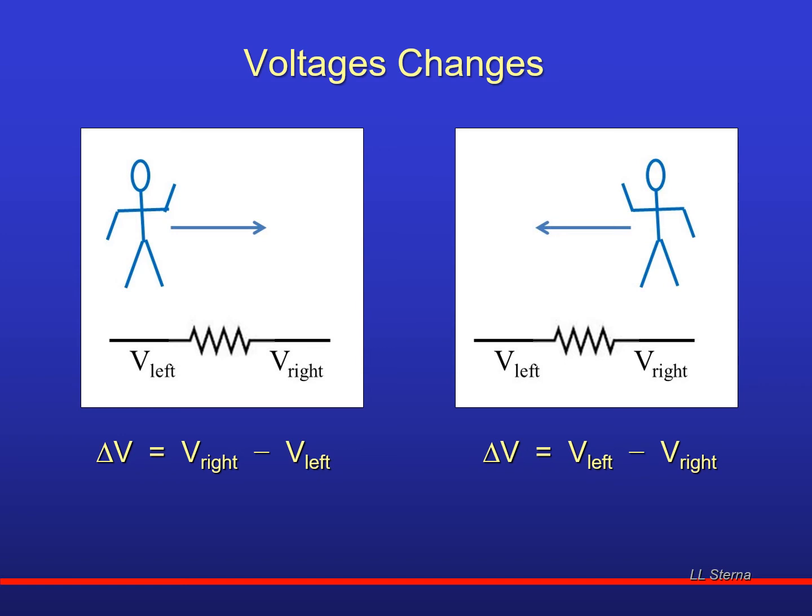You go from one side to the other side. You see on the left side, it's V right minus V left. In the right-hand picture, going the other way, it's V left minus V right. Very important in how we apply this rule.